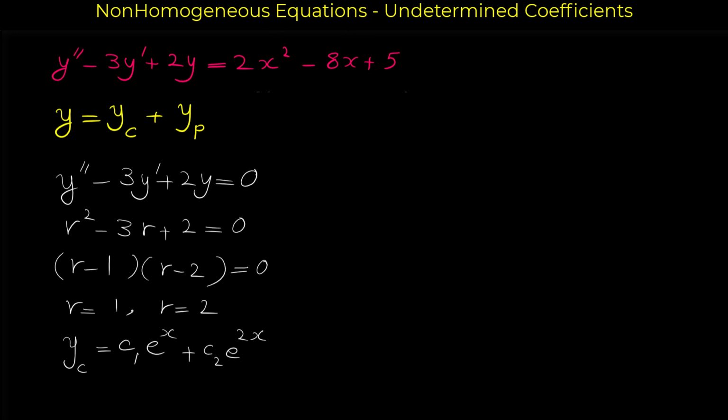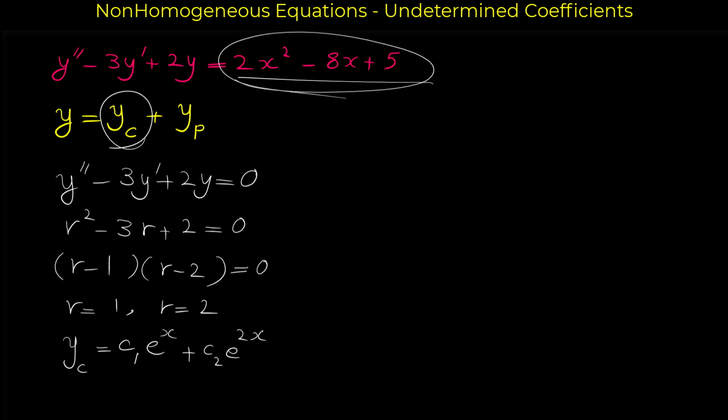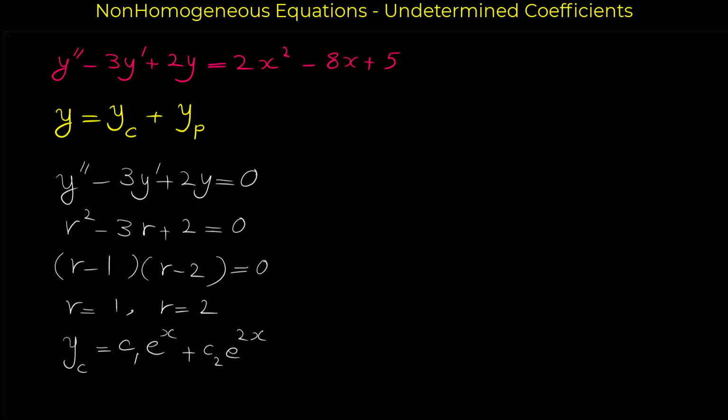Note that the complementary solution does not depend on the right side, since we always set it equal to 0. But the particular solution is the part of the general solution that depends on this part of the equation.